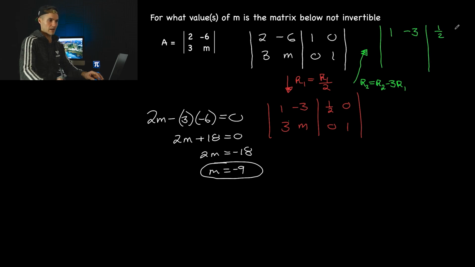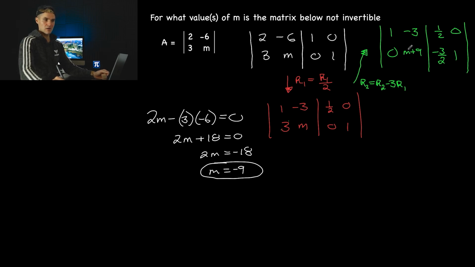So that's going to be 1/2, 0 like that. And then 3 minus 3 times 1 is going to be 0. And then m minus 3 times -3 would be m plus 9 right here. This is going to end up being 0 minus 3 times 1 over 2, which would give us -3 over 2. And then 1 minus 3 times 0 is going to stay as 1.